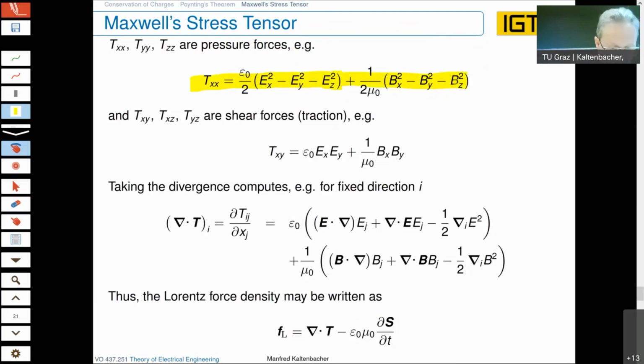Because clearly, I should write this down, because when we have E squared, then this is Ex squared plus Ey squared plus Ez squared. Yeah, as we know.